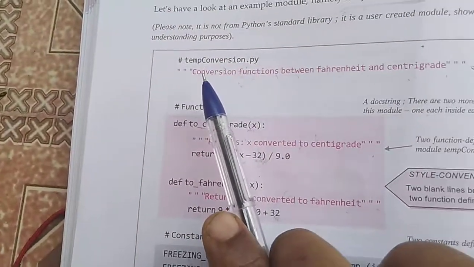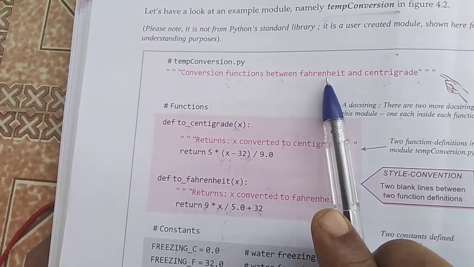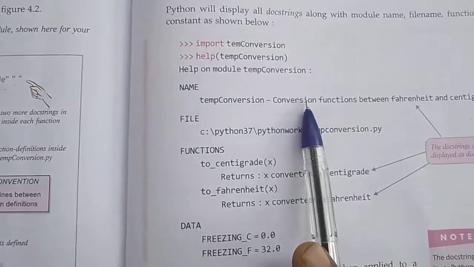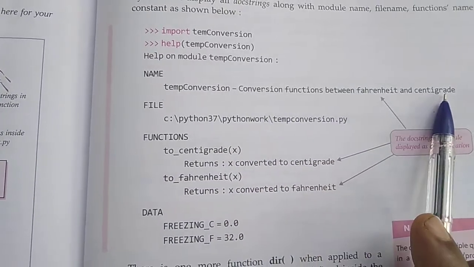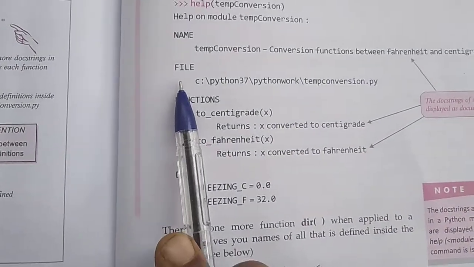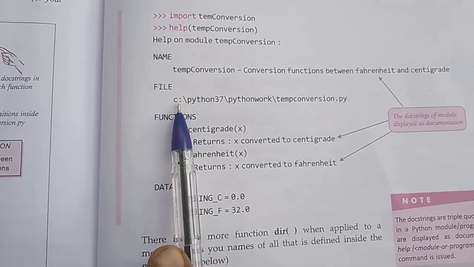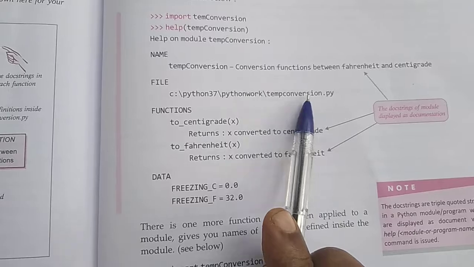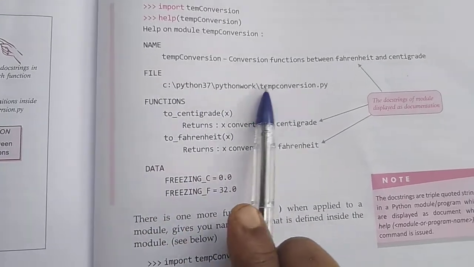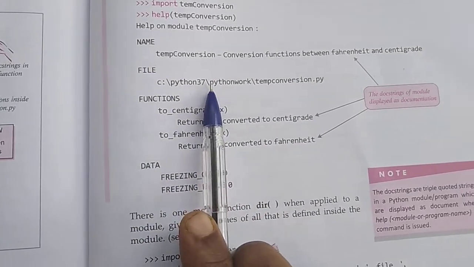Here we have a document string, the conversion of function between Fahrenheit and centigrade. So it shows the name of the file and the conversion of function between Fahrenheit and centigrade. Then where the file is actually stored: it is stored in C: Python 37 Python worker, and the tempconversion program is stored there. So that is the path where the program is actually stored in our computer.